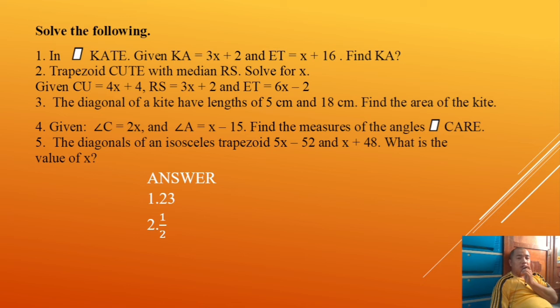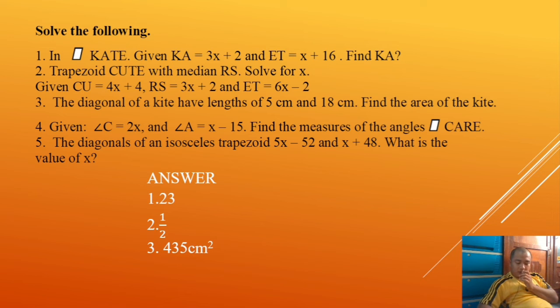Next, number 3. The diagonals of the kite have lengths 5 cm and 18 cm. Find the area of the kite. 18 times 5 divided by 2 is 400. Tama ba?